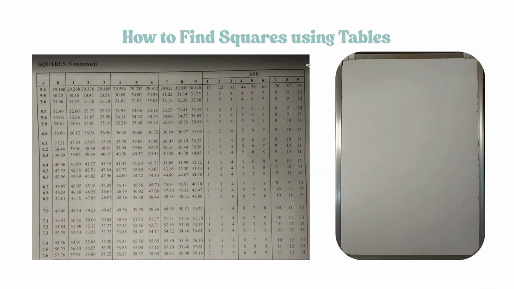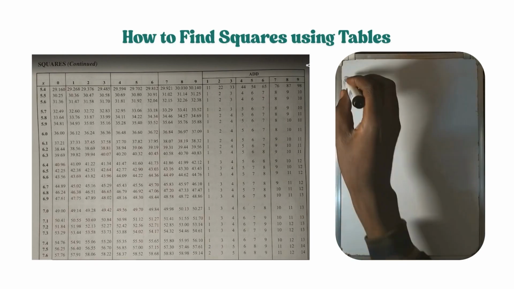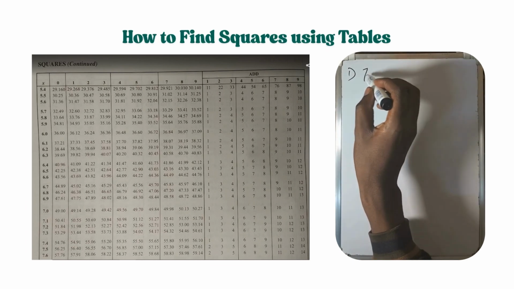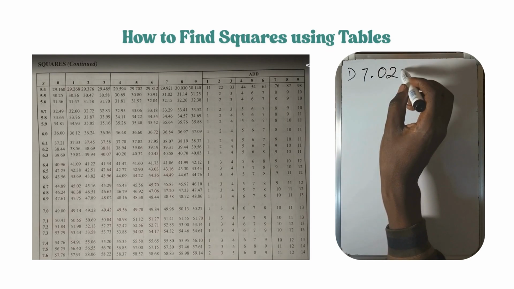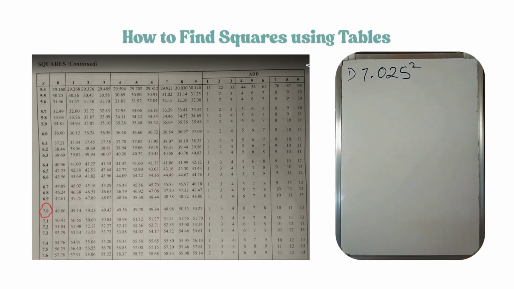Now that you know how to find the squares of numbers using the mathematical table, let's look at basic examples. Example 1: 7.025 squared. Our first step will be locating the value.